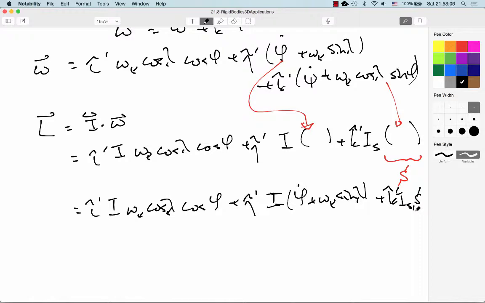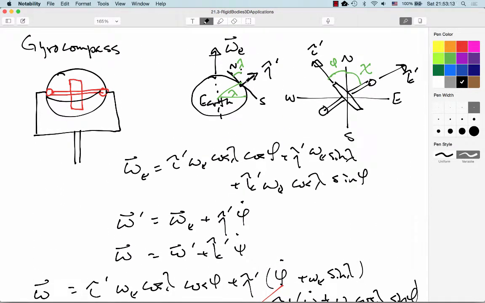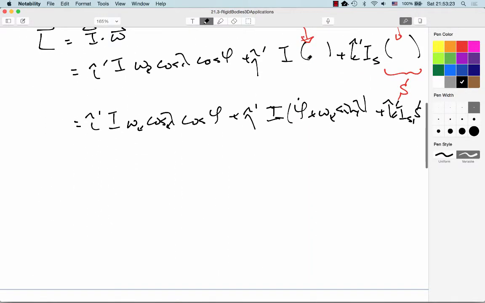Now, if we're going to keep our system horizontal, so looking here, any torque that is going to be exerted has to be exerted about the I prime axis. So we can write that the torque is equal to its magnitude times I prime.